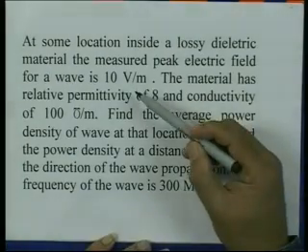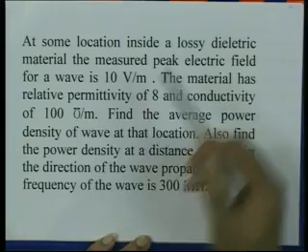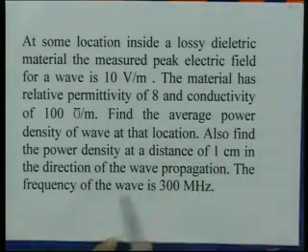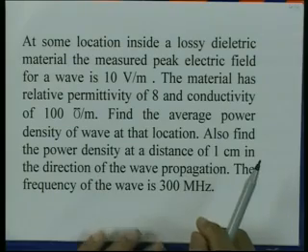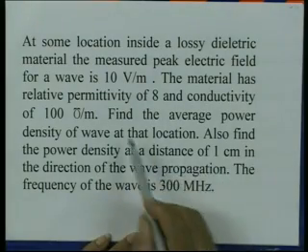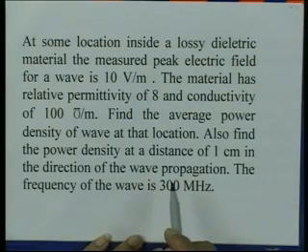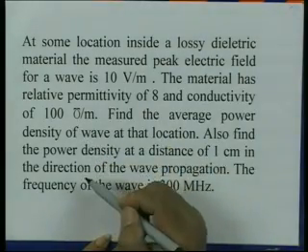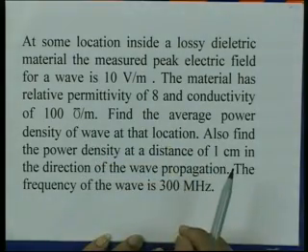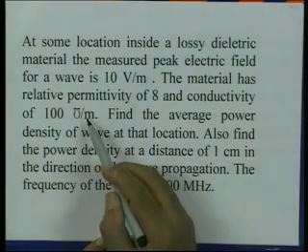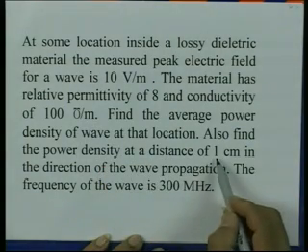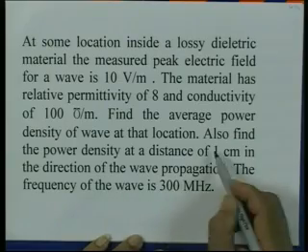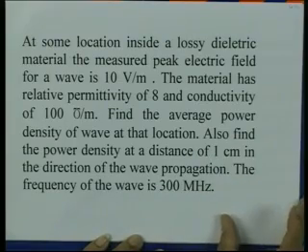So, since the electric field and the medium properties are given, we can find what is called the Poynting vector, which gives me the power density at that location. Again, since the medium properties are given, we can find the propagation constant, and then find the amplitude of the electric field at a distance of 1 centimeter in the direction of wave propagation, and then again calculate the Poynting vector at that location.